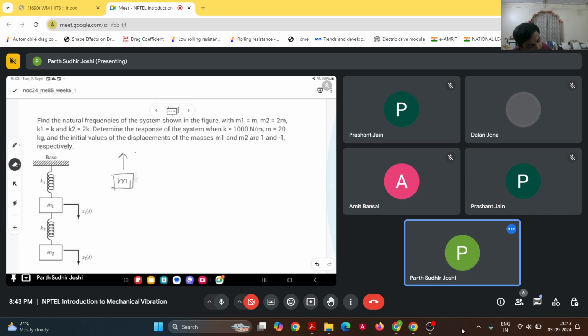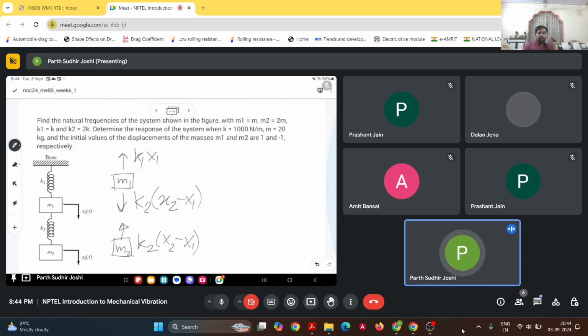Now since the base is fixed, the spring force here is k1 x1 only, and since both ends of the spring k2 are moving with respect to each other, the tension in the spring we can write as k2 into (x2 minus x1).